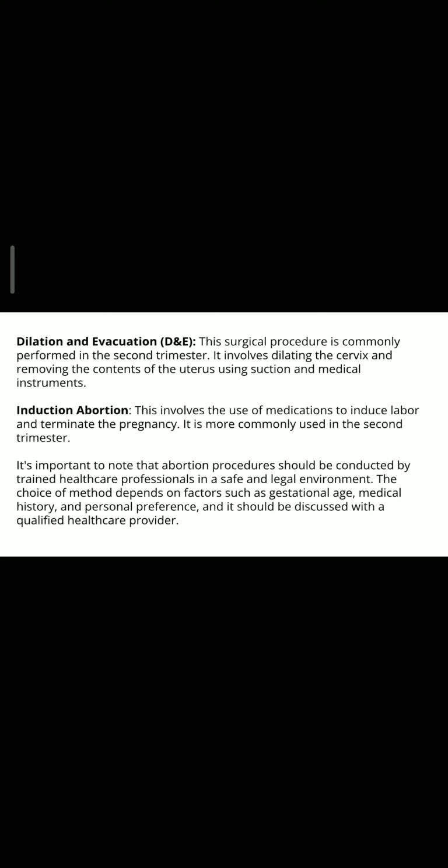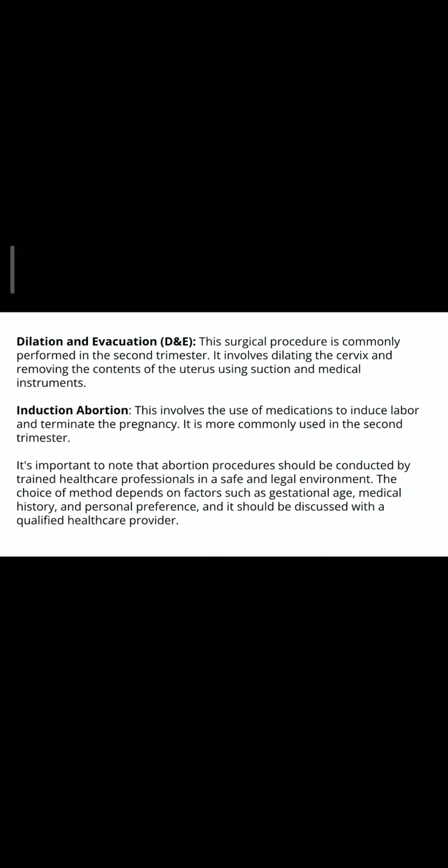One matter which needs to be considered very important is that abortions are a very serious matter to consider. It needs to be done in a safe and legal environment and also under the supervision of certified healthcare professionals. These are two matters that need to be seriously considered before undergoing the procedure of abortion.